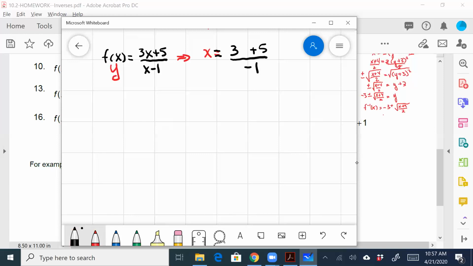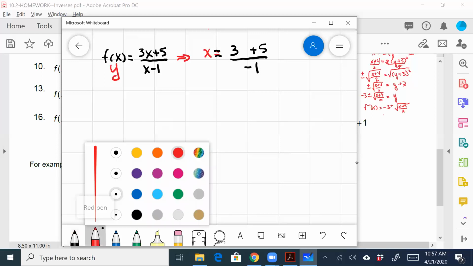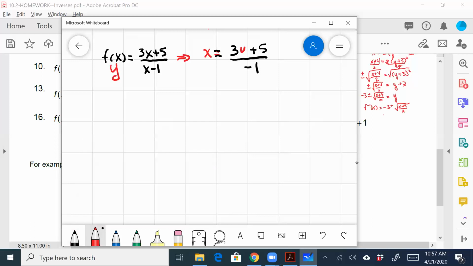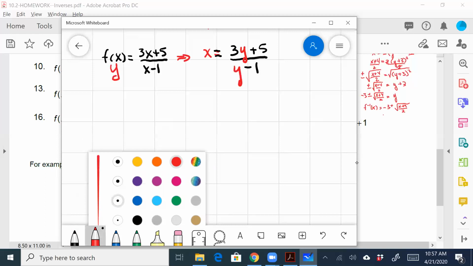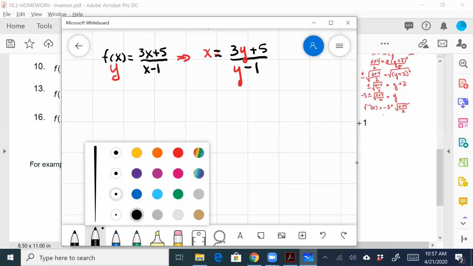And in the blanks, I'm just trying to do this by colors here. Wherever there was an x, we put the y. And wherever there's y, we put x. And then we want to solve for y.